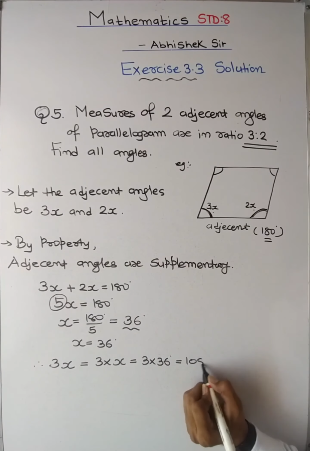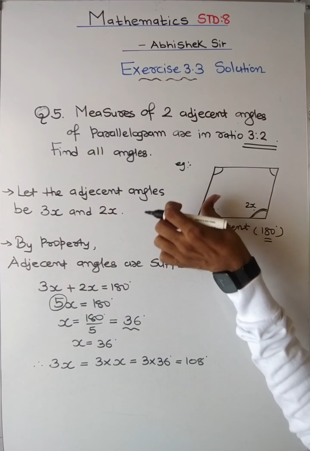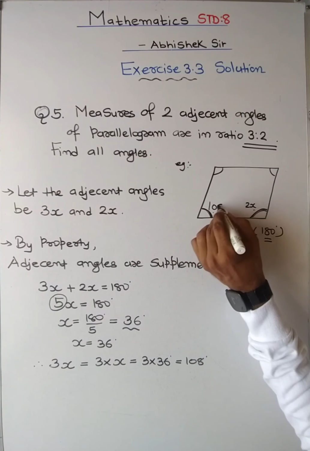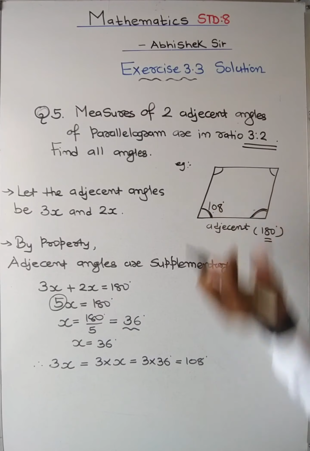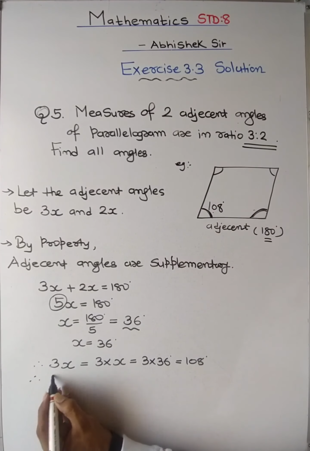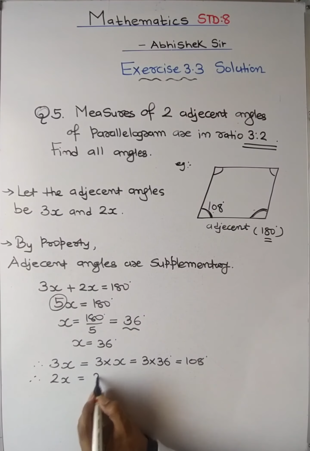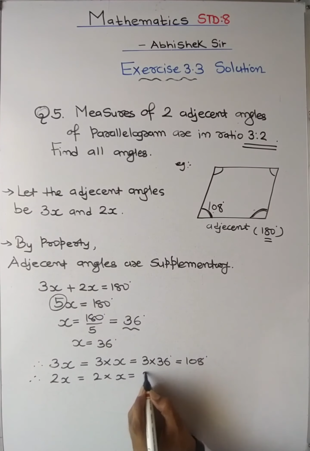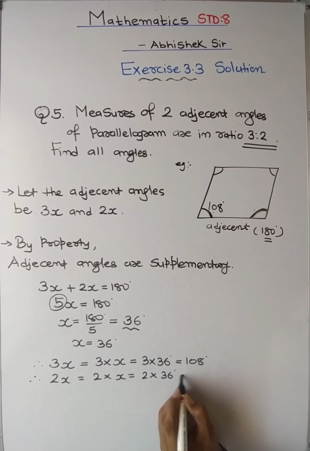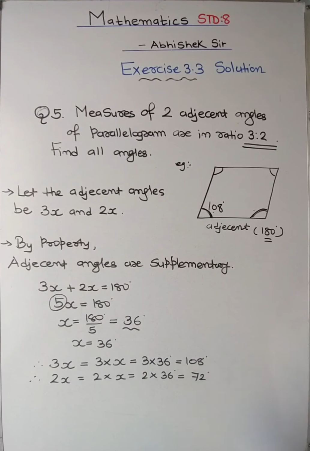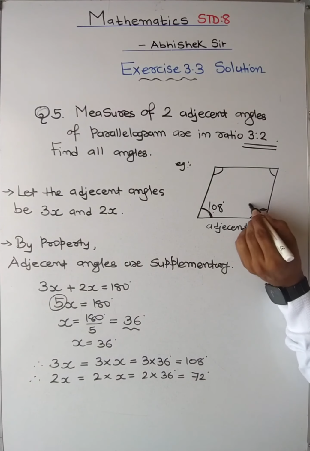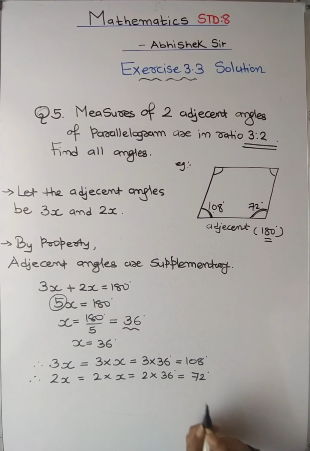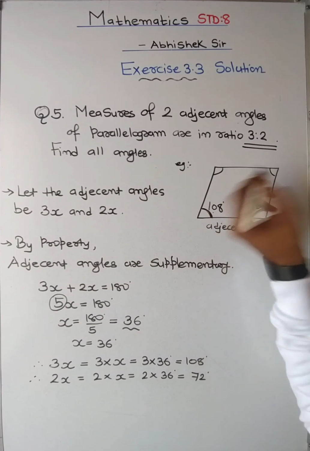It is 108. So actually this angle is 108. Now 2x, the second angle, is 2 into 36, which is 72 degrees.